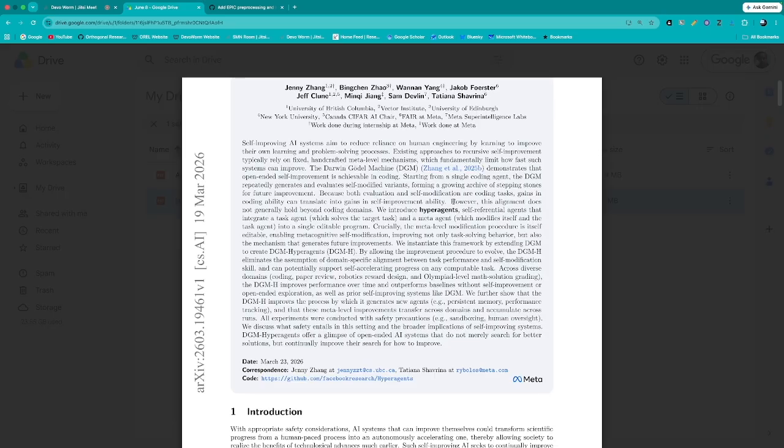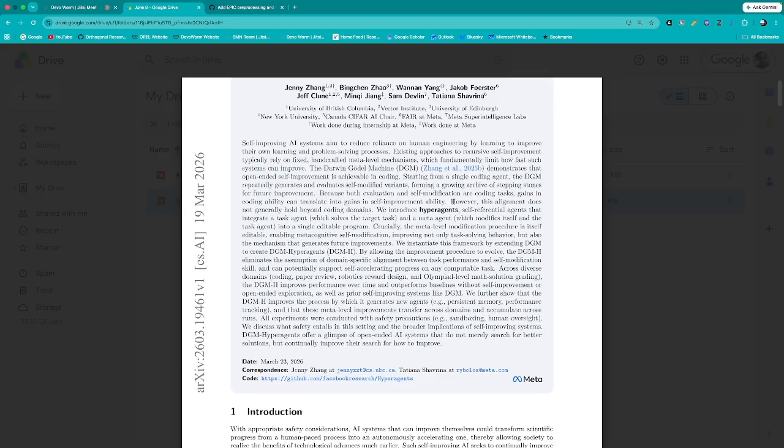We instantiate this framework by extending DGMs to create DGM hyperagents, or DGM-H. By allowing the improvement procedure to evolve, the DGM-H eliminates the assumption of domain-specific alignment between task performance and self-modification.